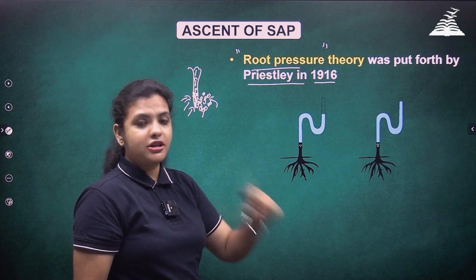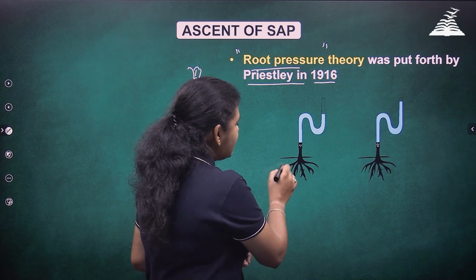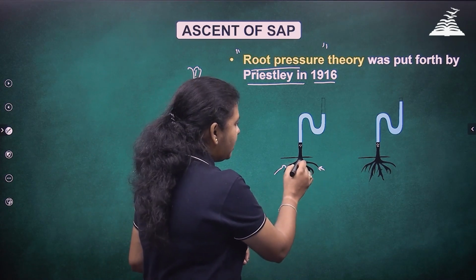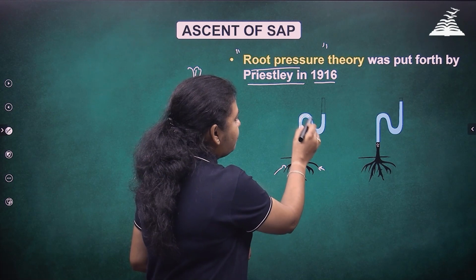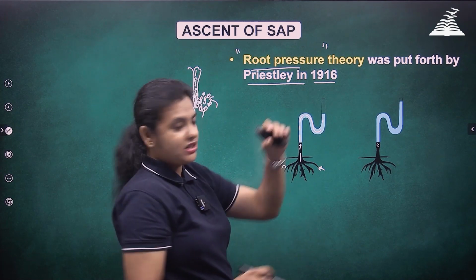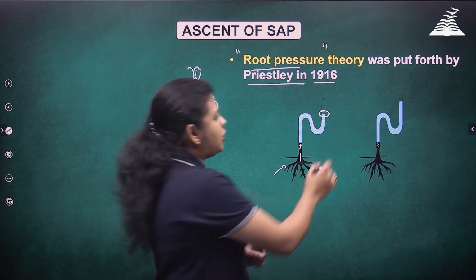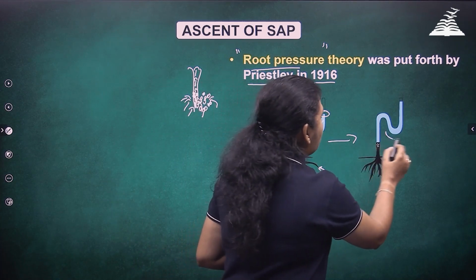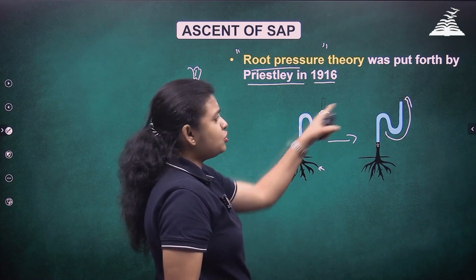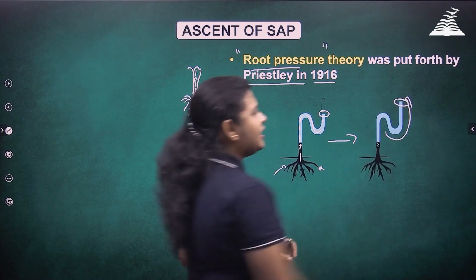Because of this root pressure, what is happening? Root hairs, they absorb more and more water, and water is being pushed upwards. Earlier, water was still here, and because of root pressure, they keep on moving. So you see the level of water has increased.